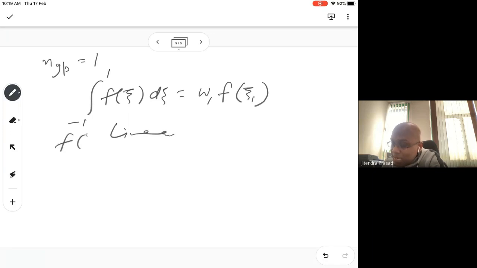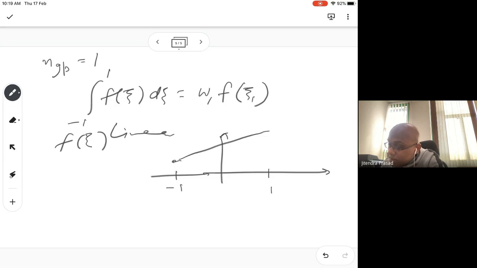If xi is linear, so we have -1 here, 1 here, and this is moving like this. So here we have f(-1), here we have f1.